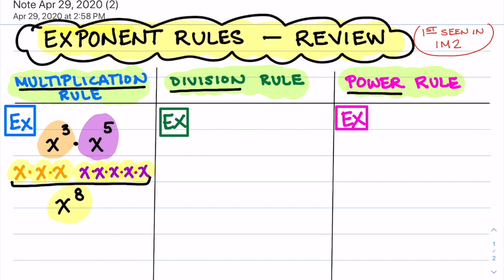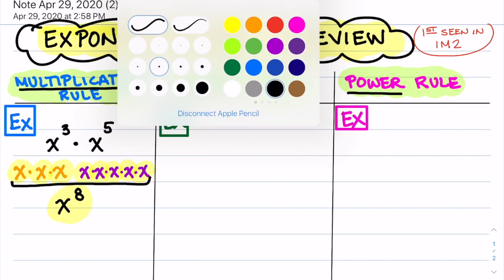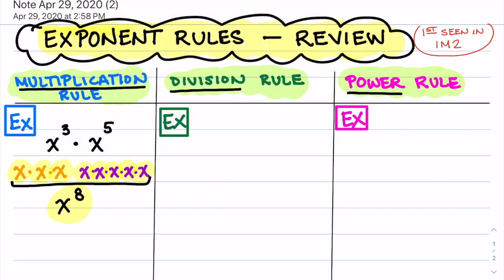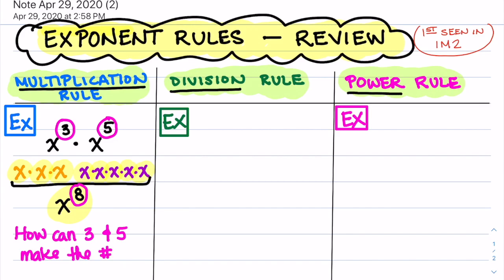So let's go back to the original question, and let's pay attention to their powers. If we look at the powers, we'll see we had a 3 and we had a 5. And we ended up with an 8. So my question to you is, how can 3 and 5 make the number 8? So think about that. And you're thinking, okay, could addition be an answer? Could subtraction lead me to the answer?